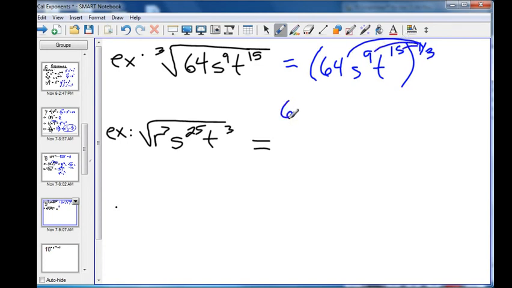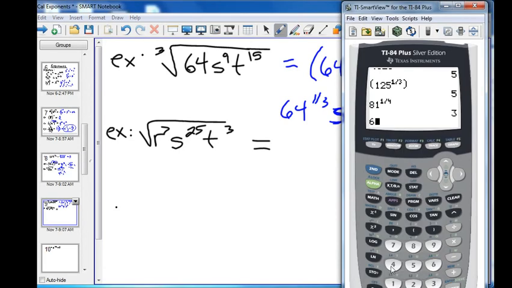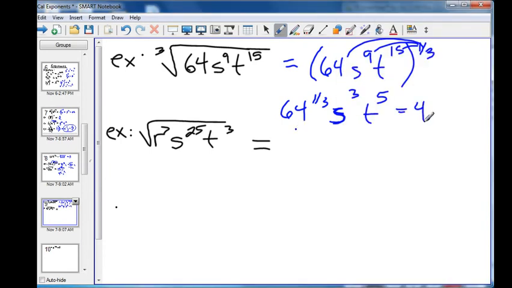So it'd be 64 to the 1/3, and then 9 times 1/3 is 3, and 15 times 1/3 is 5. We can type in 64 to the 1/3. That gives us 4. So our final answer is 4s cubed t to the 5th.